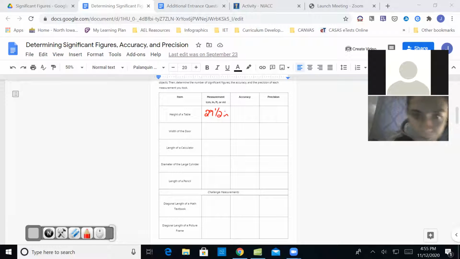The width of a door is 35 and 5/8. Length of a calculator is 5 and 11/16.